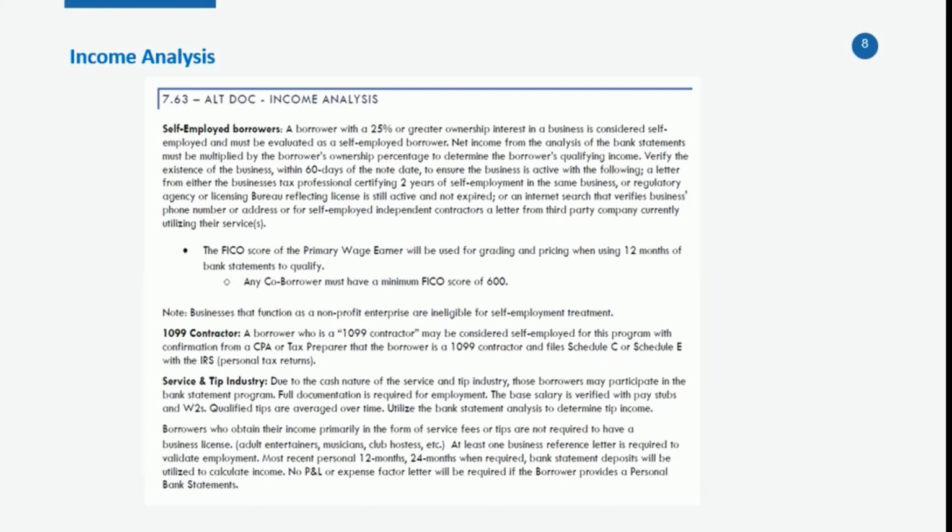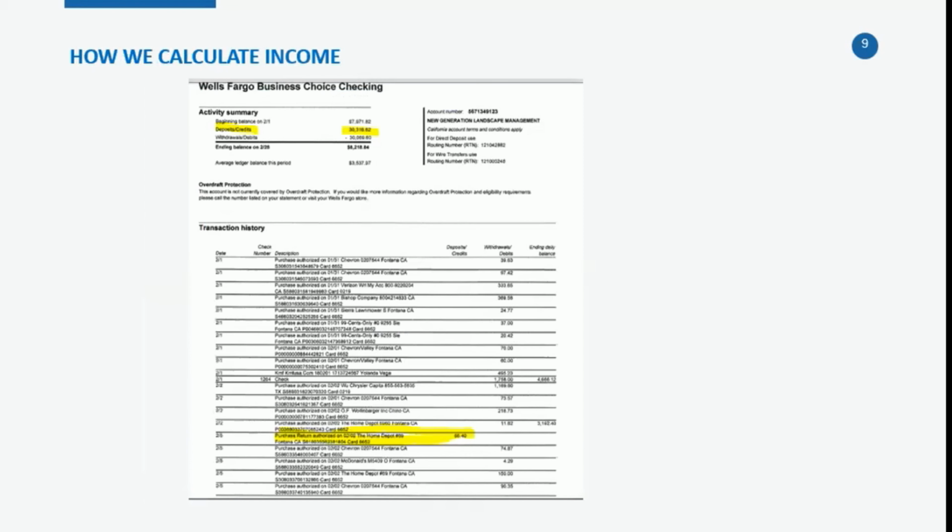Recently, we had a bank statement calculation where somebody said, hey, is it going to be okay? Because my client just got a $75,000 deposit. Well, yeah, that's okay. They're going to question why you have a $75,000 deposit. So get me an invoice so we can provide it to the underwriter so they can see why we have a $75,000 deposit.